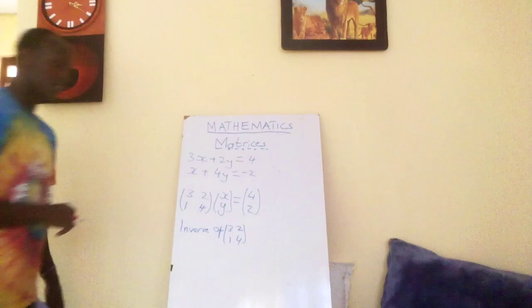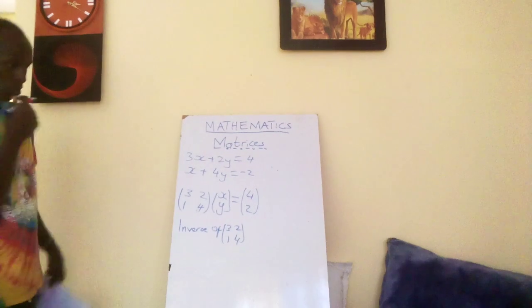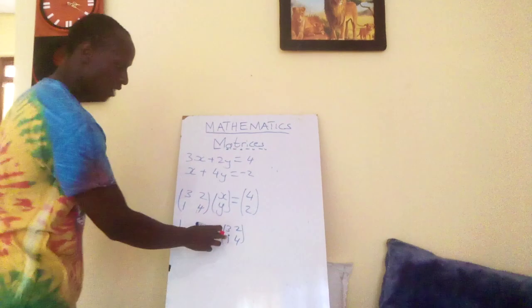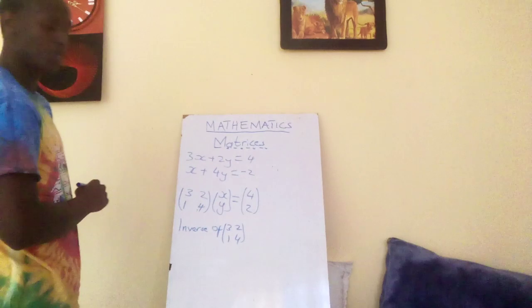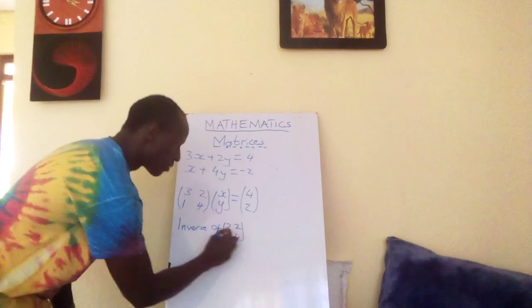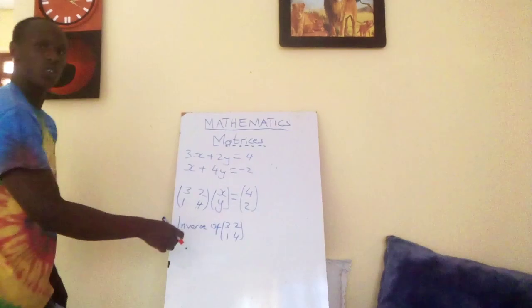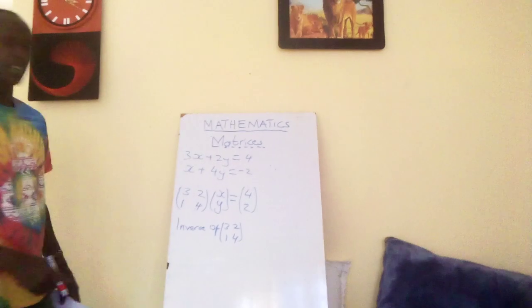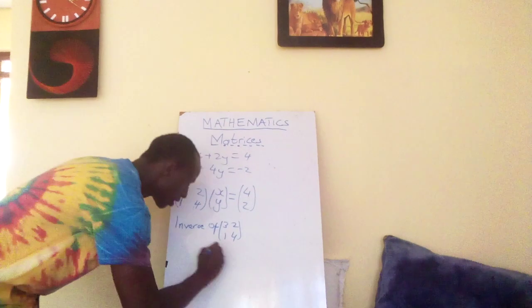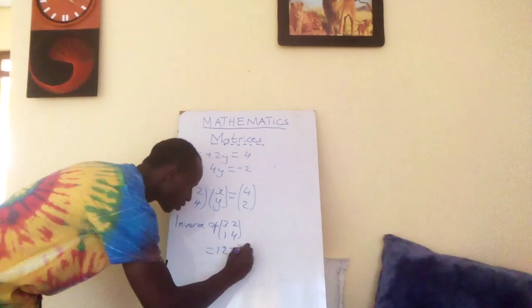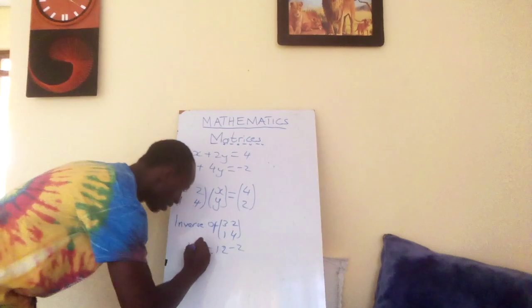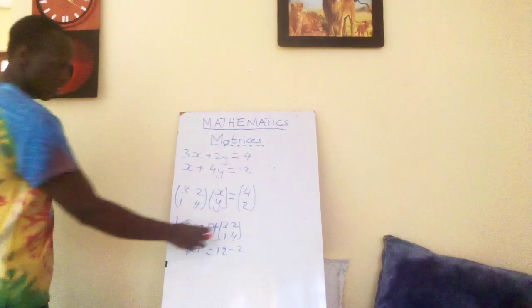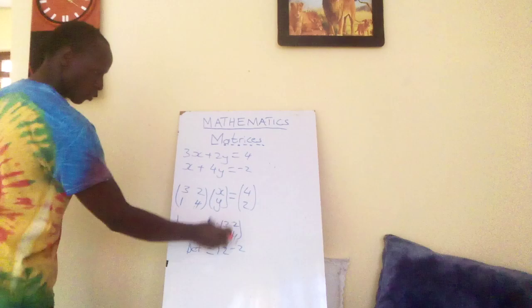As I explained earlier in my other lesson, you first get the determinant: 3 times 4, which gives you 12, the leading diagonal, minus the secondary diagonal. So that will be 12 minus 2. That's the determinant: 3 times 4 is 12, 2 times 1 is 2.